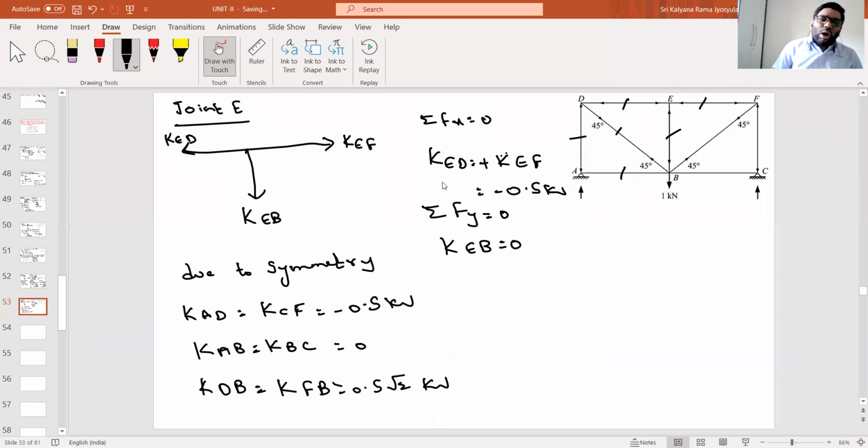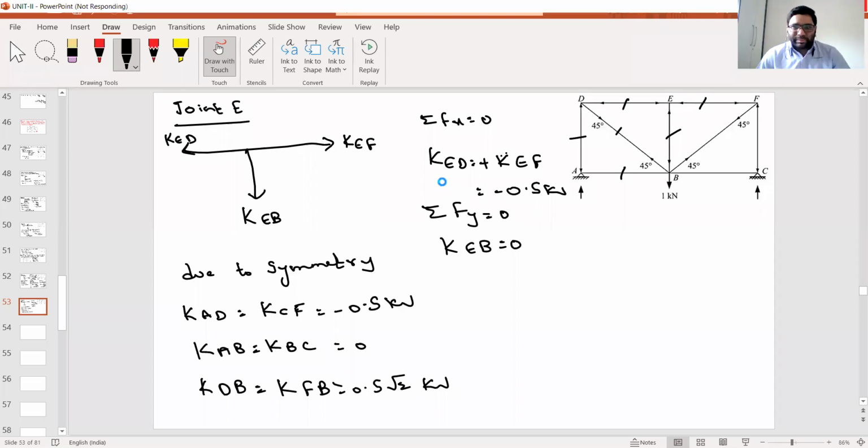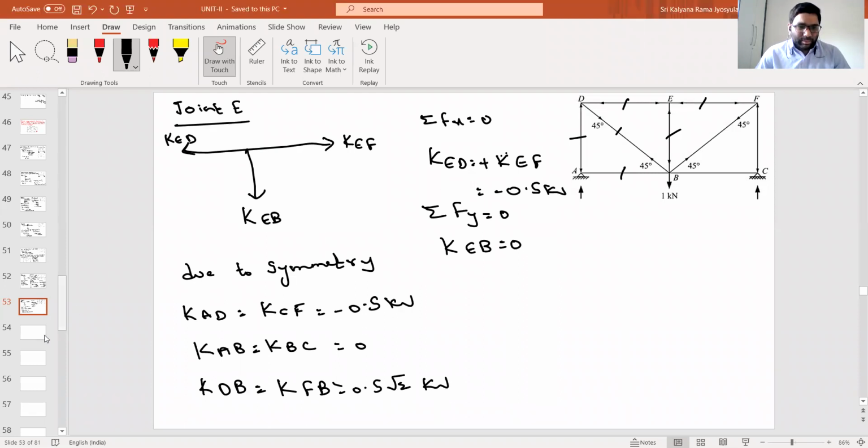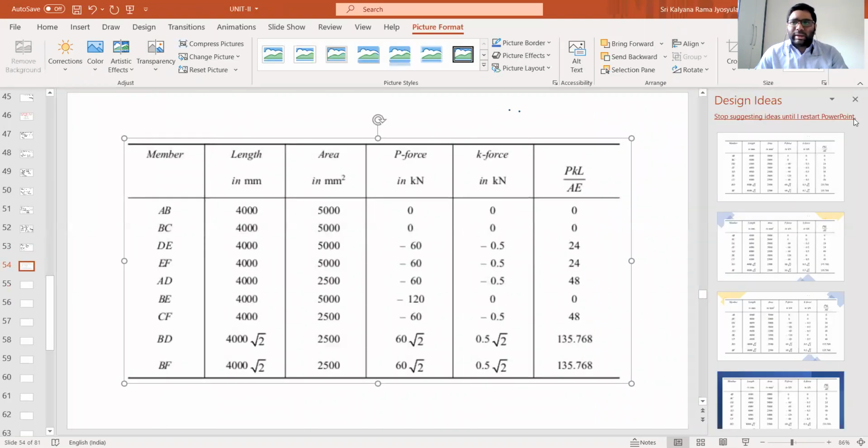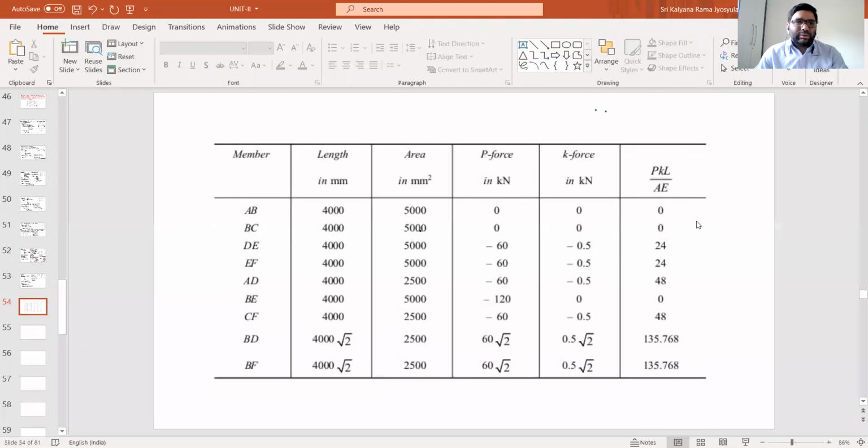Now we got all the values for K and P. So what is the final step? Writing the table in terms of all the members and representing it by writing their areas and PKL by AE. You can see the table here.